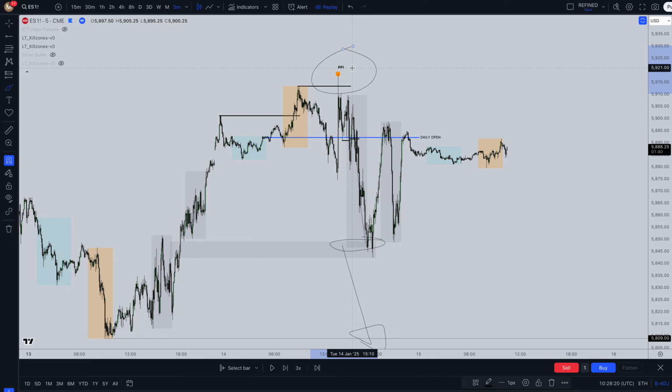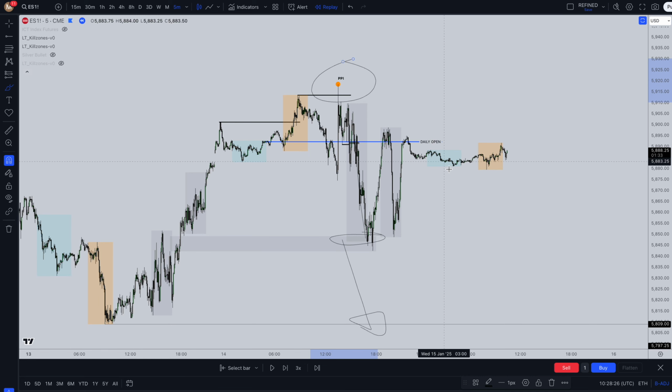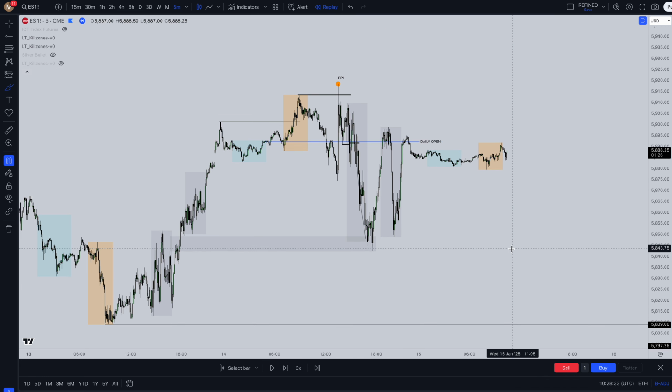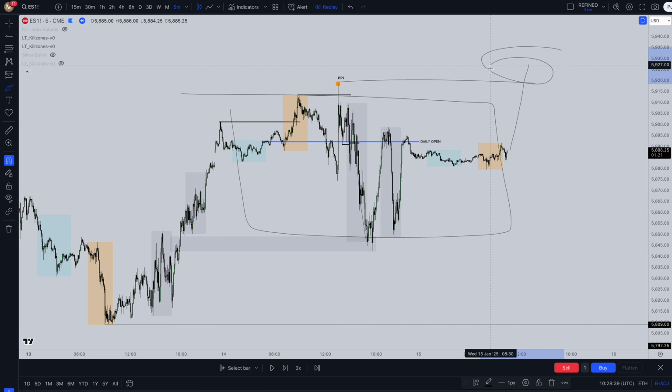If we didn't have CPI, I would be very, very confident in this low being taken out, and price not really doing much of what it did. However, because we have big news releases like CPI, we've got to understand that larger market participants will potentially want to wait for those big CPI news releases to play out before seeing price go lower.